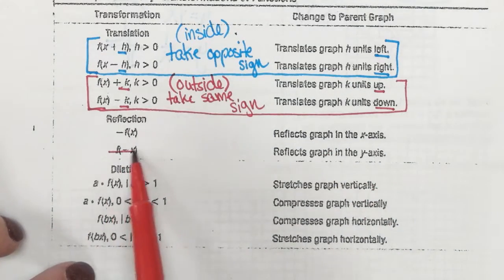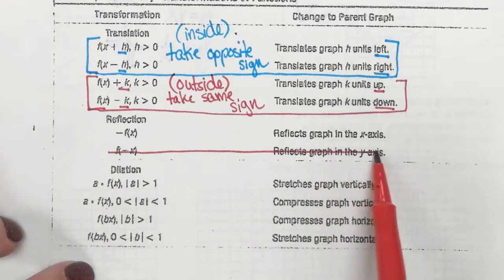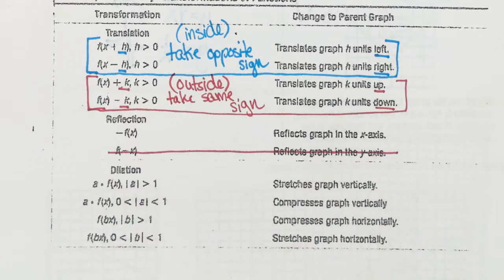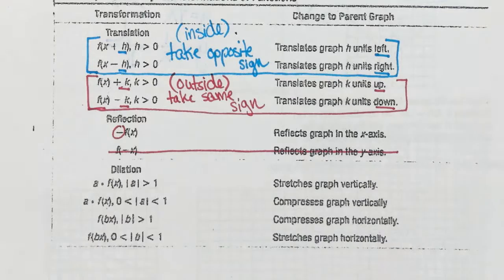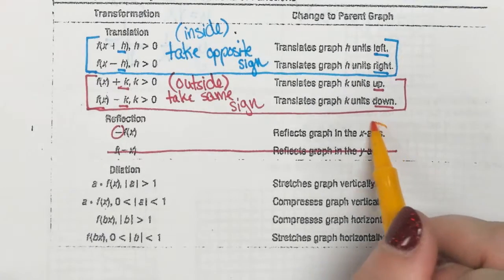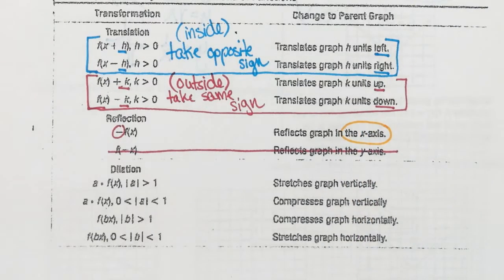Now, when you get to pre-cal, you're going to learn about this guy. We're not going to learn about him right now, so you can mark that one out. The only one we're going to look at is where that negative is outside. What does that do when you have a negative outside? Flips it over which axis?